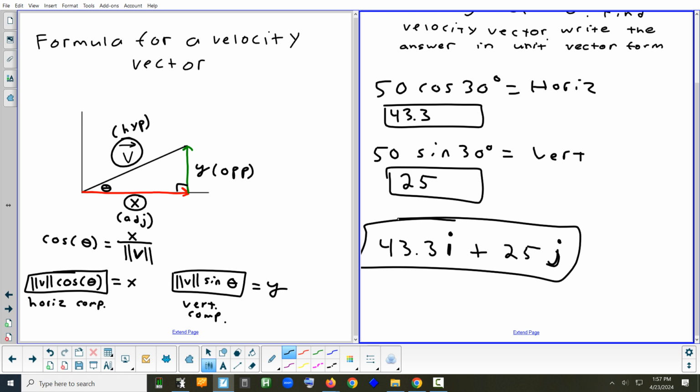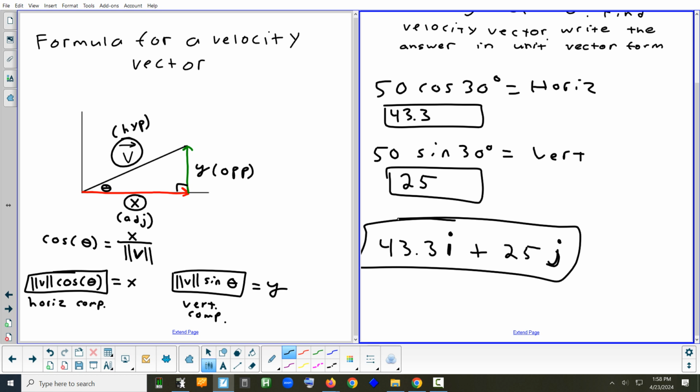43.3 is the horizontal speed, so if you had a radar gun and the object was coming straight at you and you pointed the radar gun at it, it would say 43.3. If you were in a helicopter above the ball being thrown, and you pointed a radar gun down at it, it would be coming up at you at 25 miles an hour, at least initially when it leaves your hand. And then gravity would slow it down.